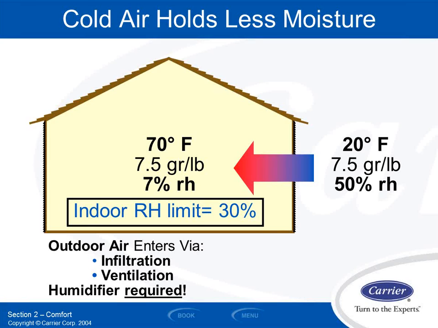So that air leaks into my space, and that air becomes a much drier feeling air because I can hold more at 70 degrees than I can at 20 degrees. So it starts out at 50%, 7.5 grains. It leaks into my heated structure, and my moisture content is still the same in this case. My relative humidity percent drops because I heat the air up.